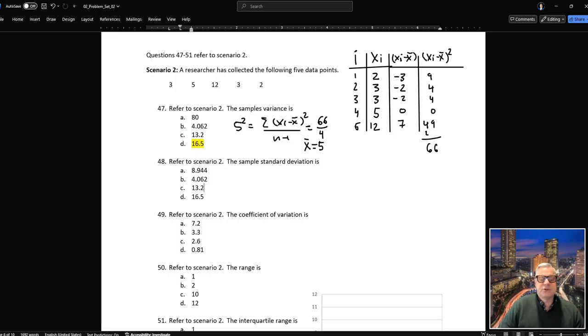So the sample standard deviation is, well, it's the square root of the variance, so that must be 4.062, because all the others really don't make sense.